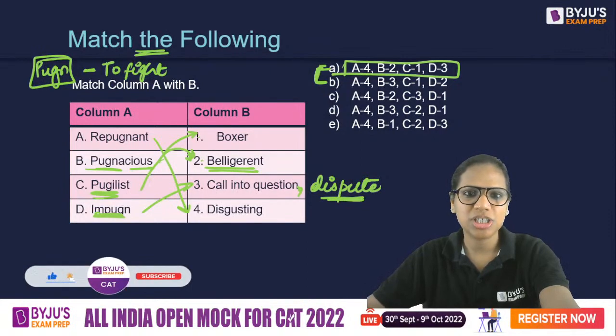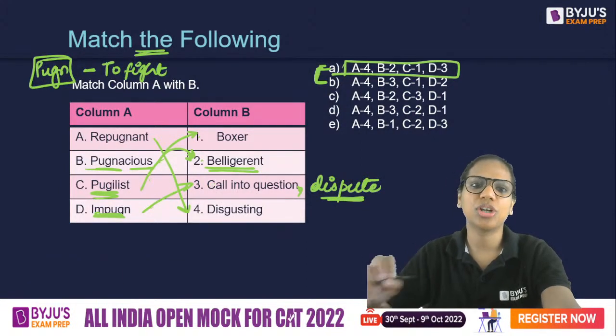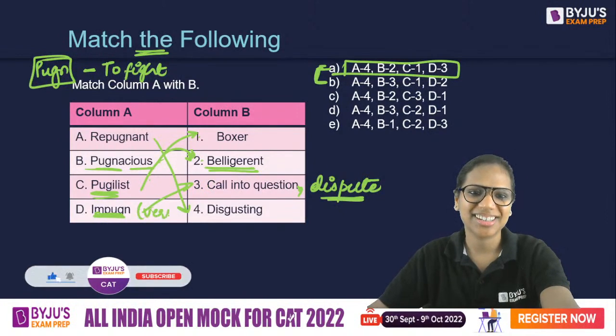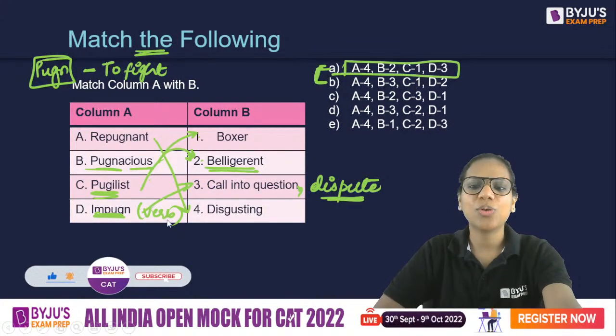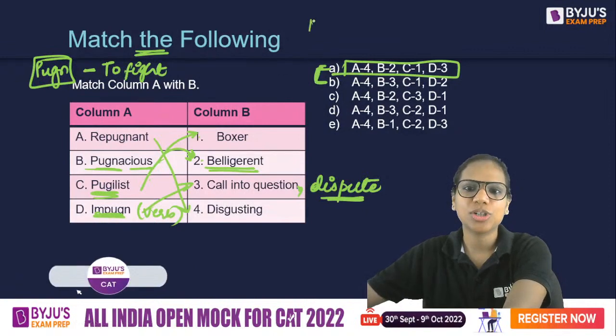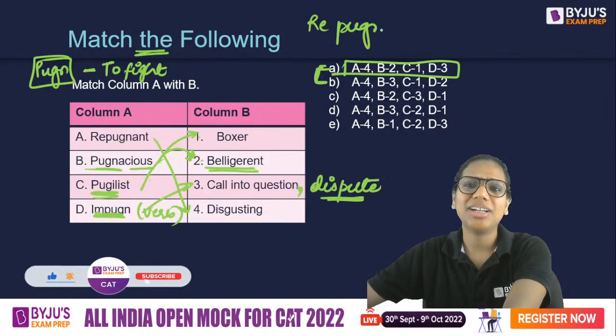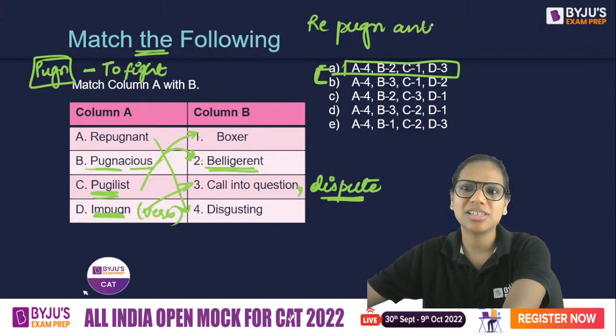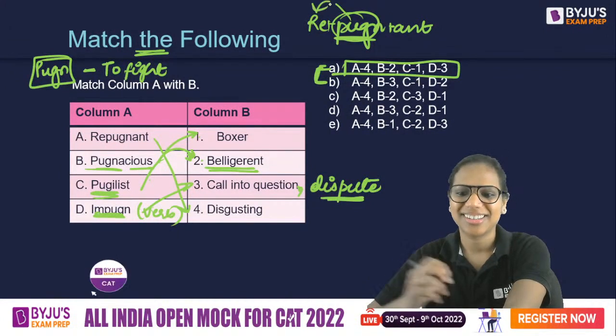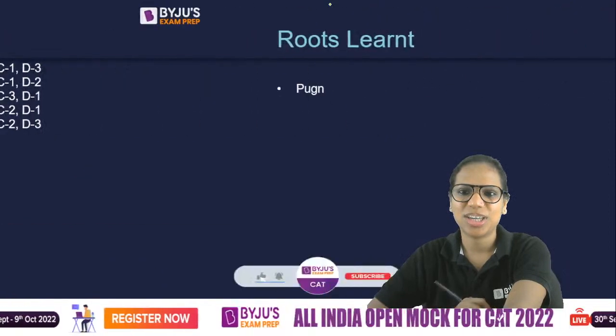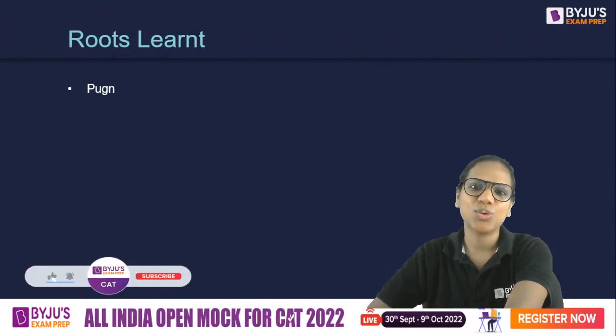C, pugilist means boxer. Impugn means to call into question. This is a verb. Right, so now we know the root of repugnant also. Something that you find so repulsive that you fight it back. Right?